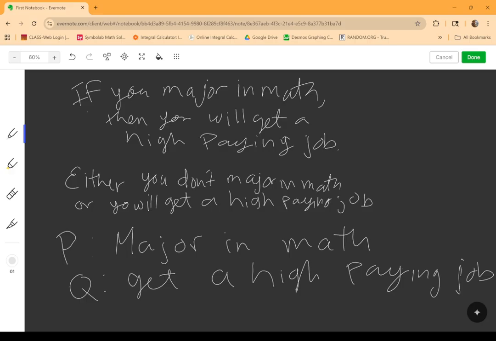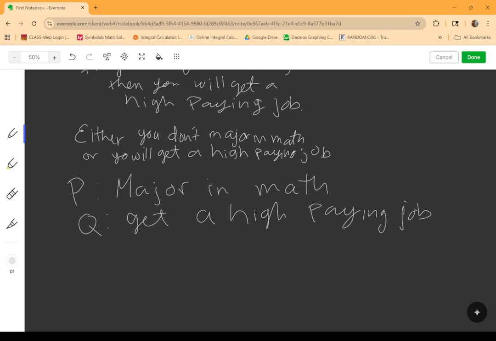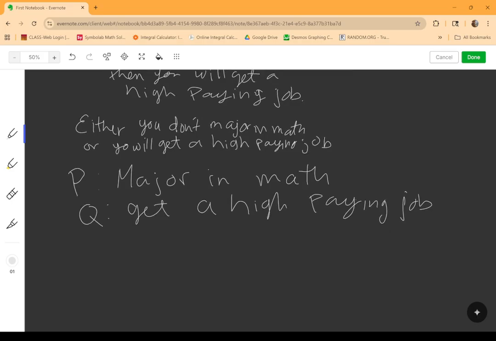Okay, now symbolically, the first statement is P implies Q, and the second one is saying not P, you don't major in math, or Q, you will get a high paying job. And what I'm asking is, when are they both true?